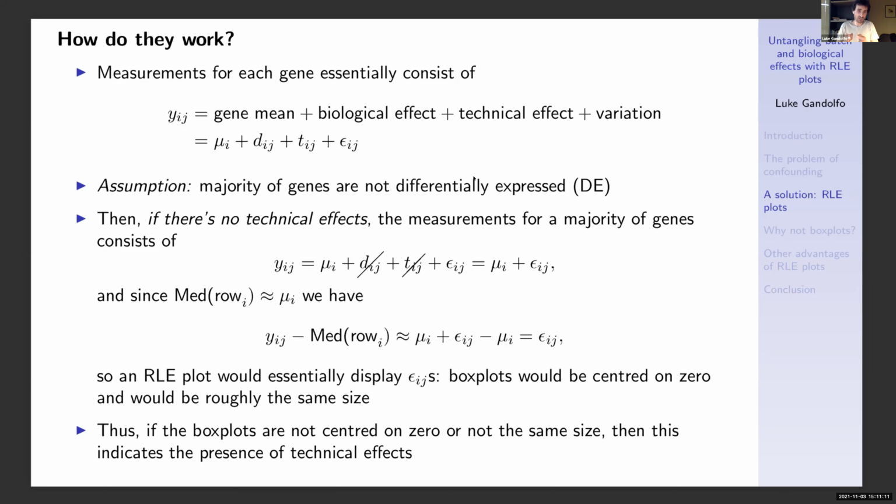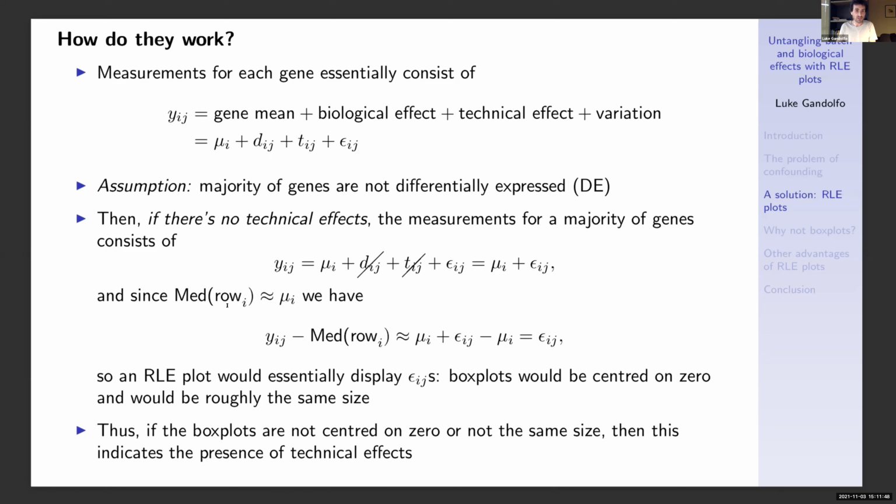Now, if you make an assumption that the majority of the genes are not differentially expressed, then if there's no technical effects present in the data, the measurements for a majority of the genes are going to consist of mu-i plus epsilon ij, because we're assuming for this majority of genes there's no biological effect, and we're assuming, for the sake of this argument, that there's no technical effects. So we'll have mu-i plus epsilon ij.